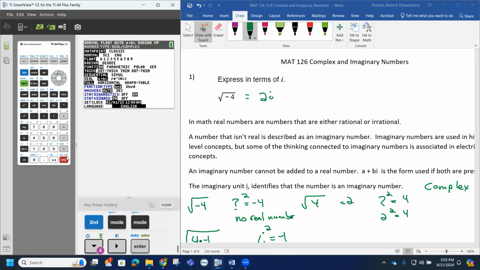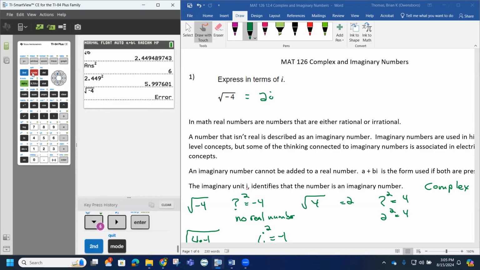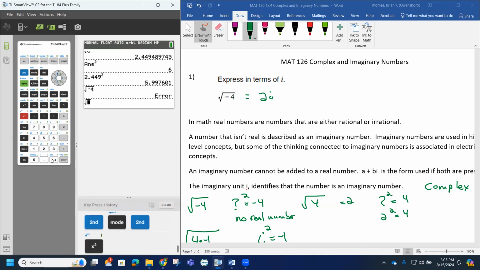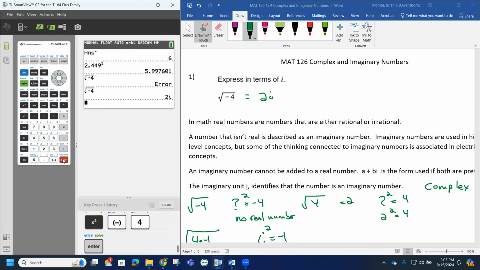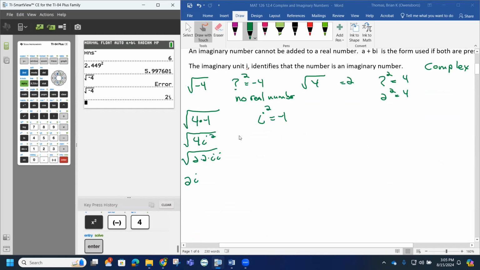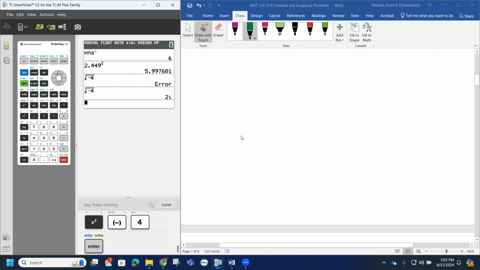Now if I go back over here and quit this, and type in the square root of negative 4 again, notice how it actually gives me 2i, because 2i is a number. It's just called an imaginary number. So this i is not a variable. It's called the imaginary unit, and 2i represents an actual number. So keep in mind that imaginary numbers are numbers.